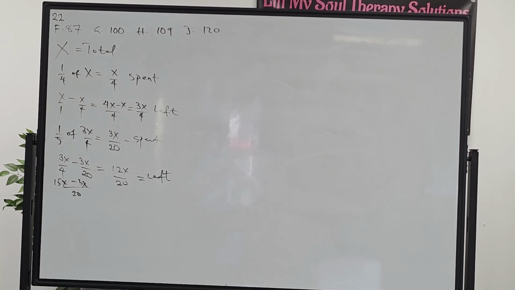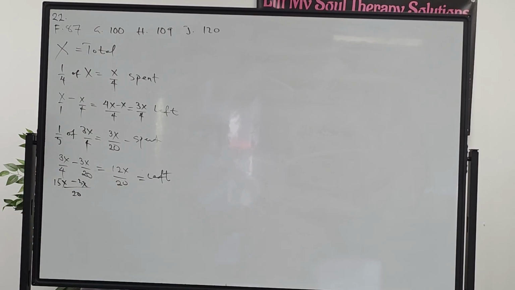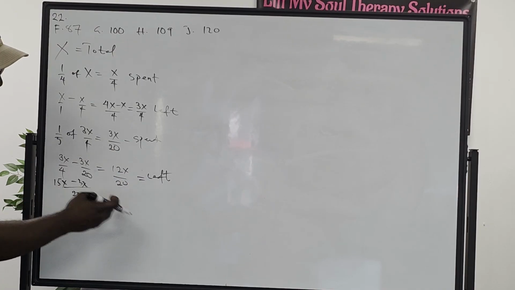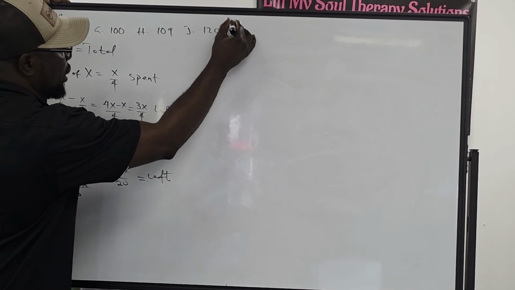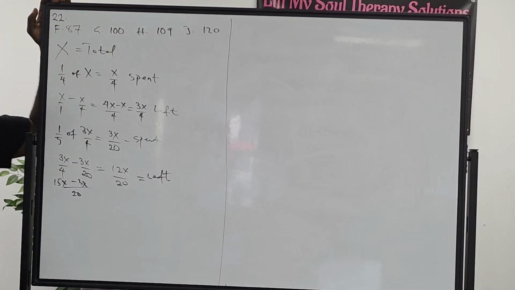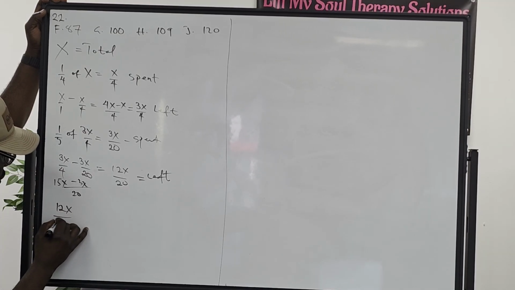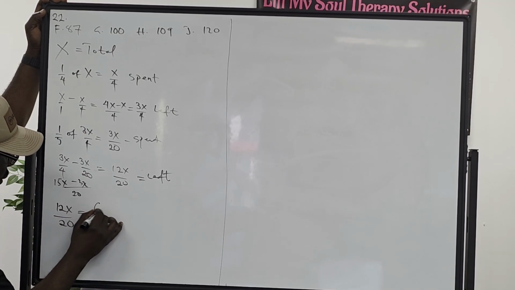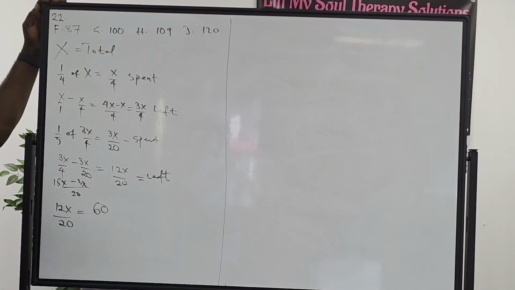Given that she returned home with $60, what is left is actually $60, because after everything, that's what she got left. So that 12X over 20 is $60. Now all we have to do is figure out what X is.